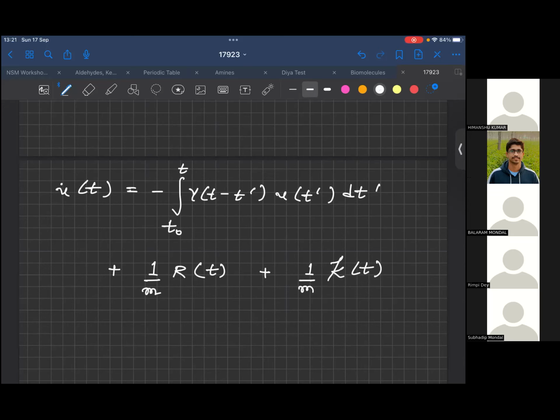This part is our frictional force, this is our random force, and this is our external force.